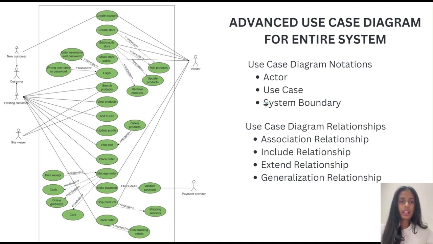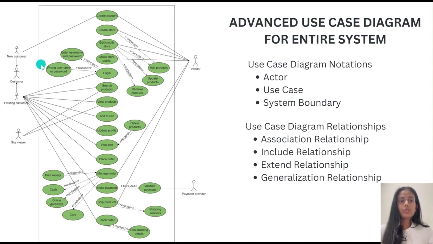In this use case diagram, vendors, payment provider, customer, and site viewers are the actors. The use cases are create account, login, view product, and add to cart. Those are the use cases of this diagram, and the system boundary is shown in the rectangular box.